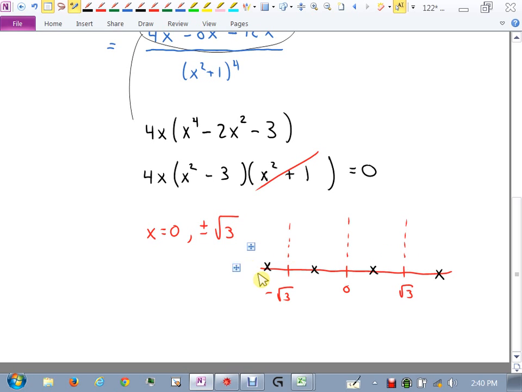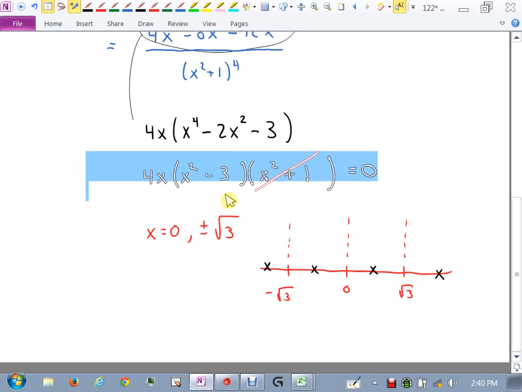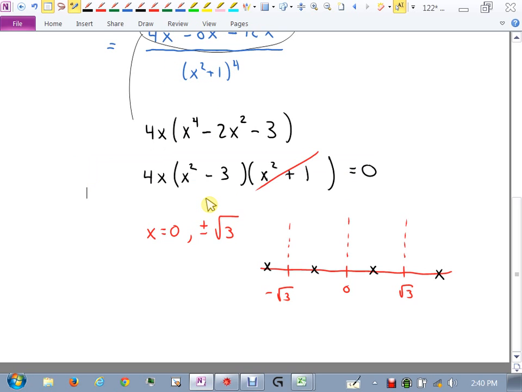And I could actually plug those test points into this right here. Oh, no, whoa. This right there. Because that's the numerator. I know my denominator of my second derivative is always positive. So it's just a matter of what's happening here. I already know x squared plus 1 is always positive, so I don't even care about that. It's just what happens with these two.